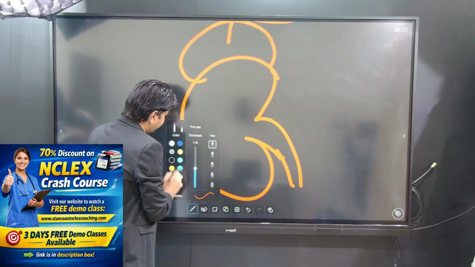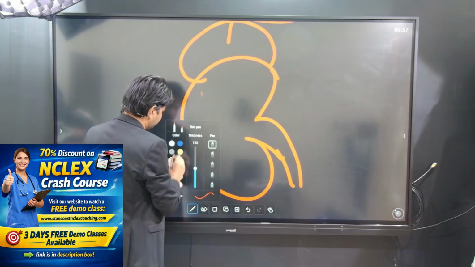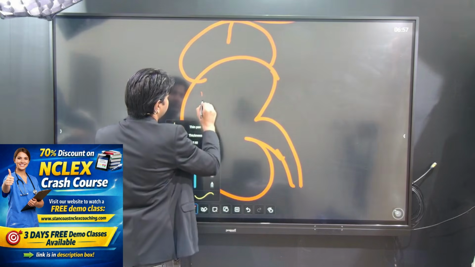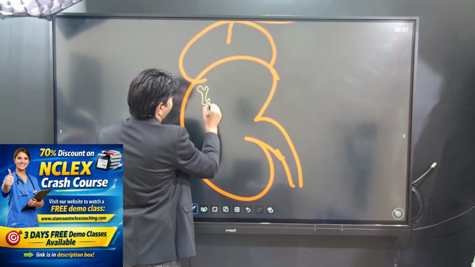And as you know, there are millions of nephrons within the kidney. So this is the nephron.